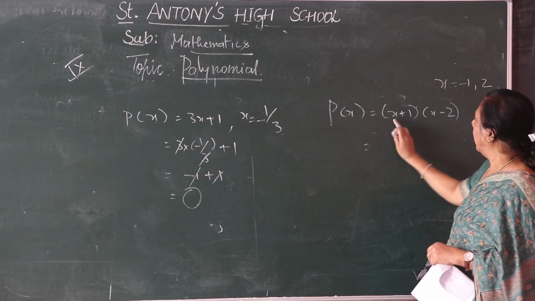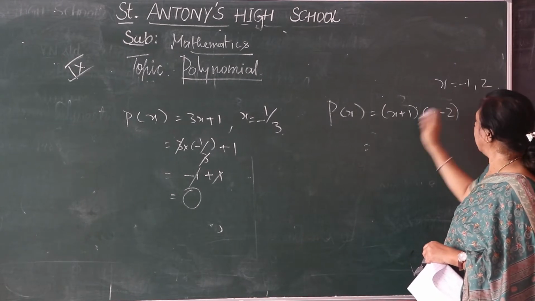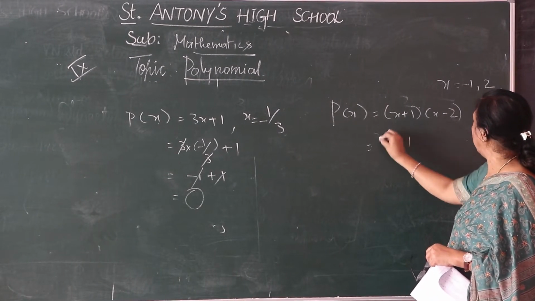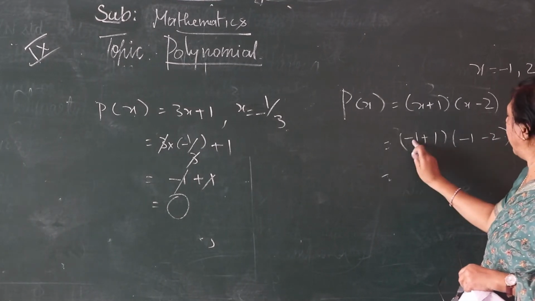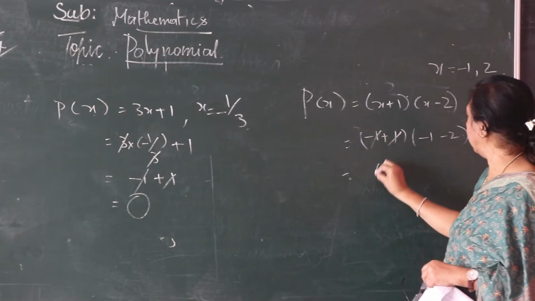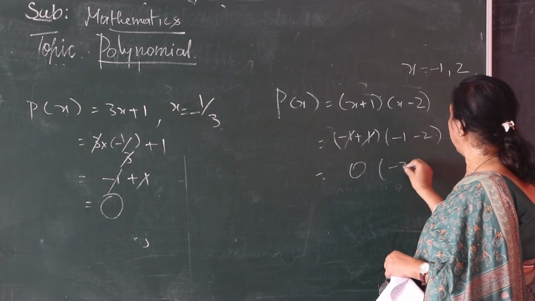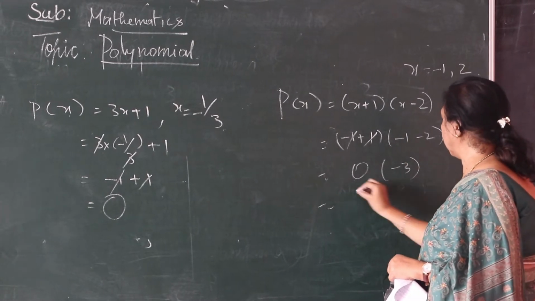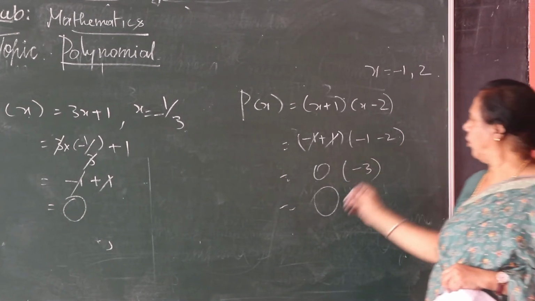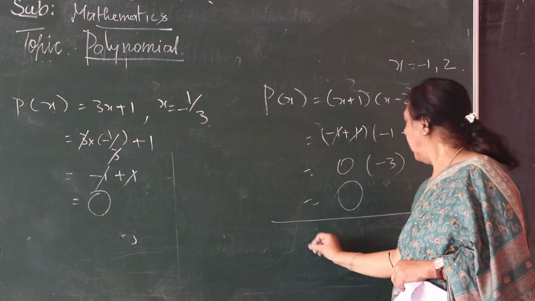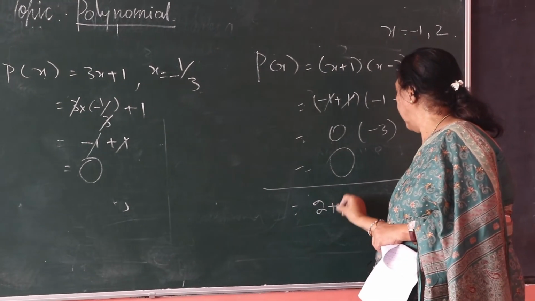We'll check out. Here x minus 1 plus 1. Here minus 1 minus 2. So here minus 1 plus 1 cancel, 0. Whatever you are getting, 0 into minus 3, 0. Go for 2. Here x equals 2, 2 plus 1.